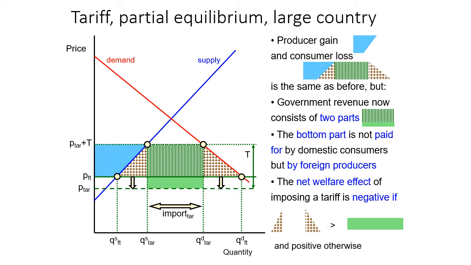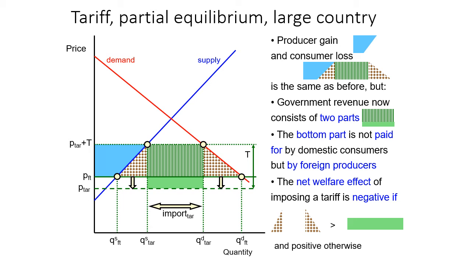If that green rectangle is actually larger in size when you work out the area, right? It all depends how big the impact of the demand from the large country is. It's very dependent. But if the green block is far more than the checkered brown triangles, then we actually have a net welfare gain.